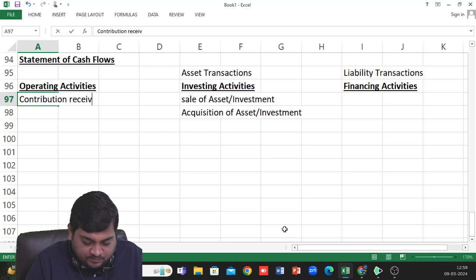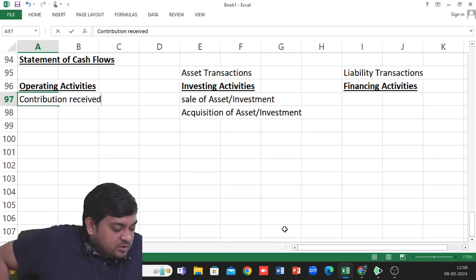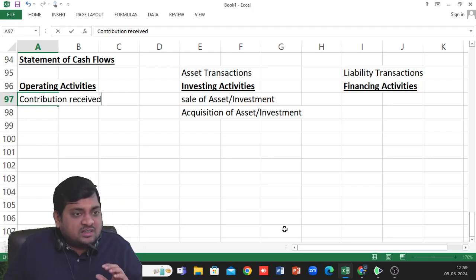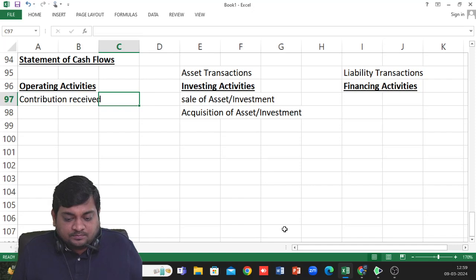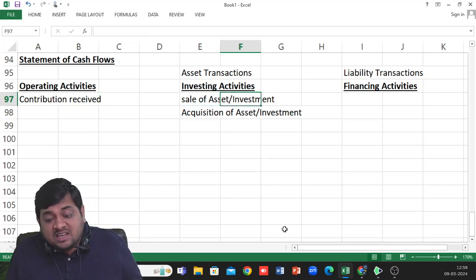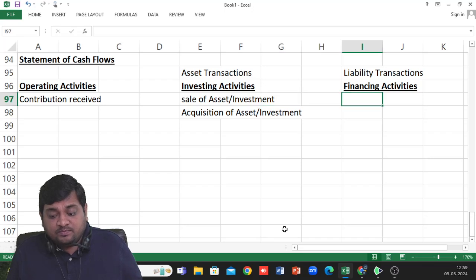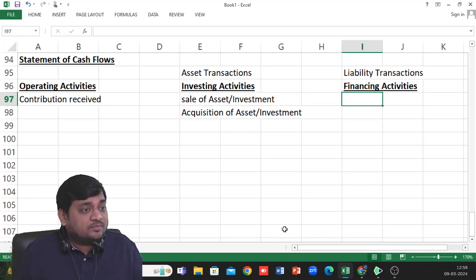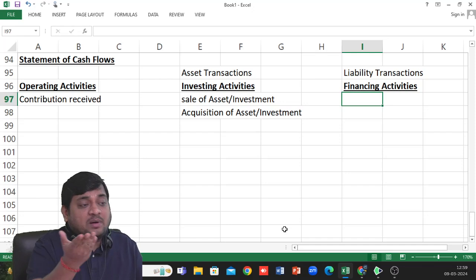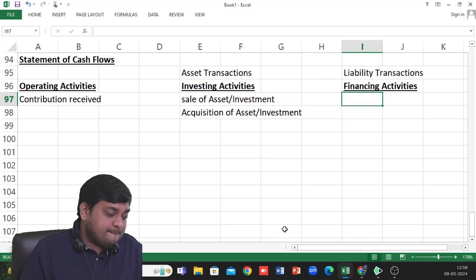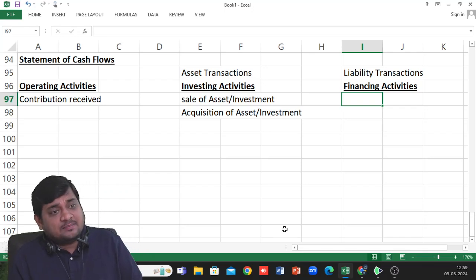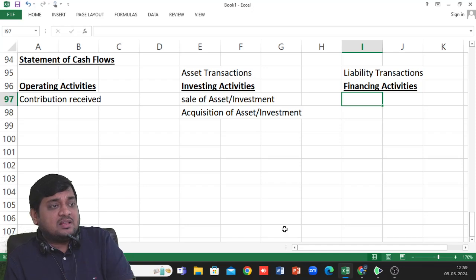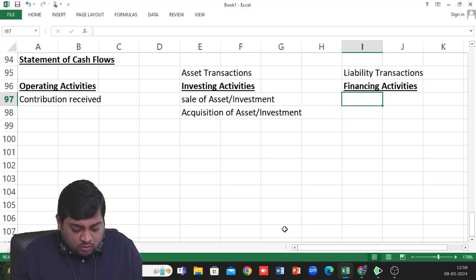So contribution received is generally an operating activity, but if contribution is received for a long term purpose, then in that case it will be financing.